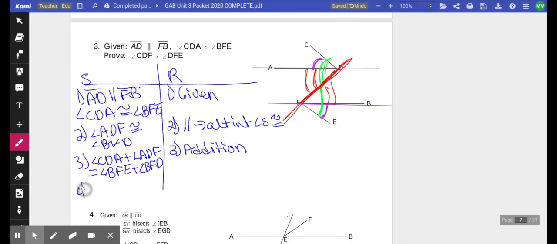And then, as I said before, when we were doing this in chapter 2, we were going to be able to shorten that. So I'm now saying you can start to shorten it. So we show our addition, and then you can just go to substitution. You don't have to show the angle addition anymore. So angle CDF is congruent to angle DFE. And there's my proof.